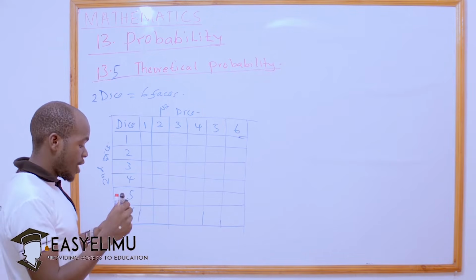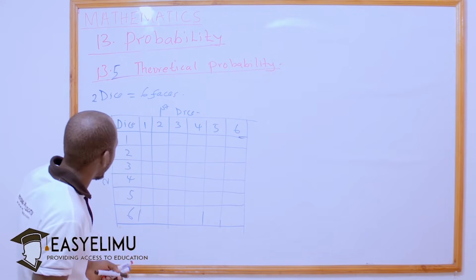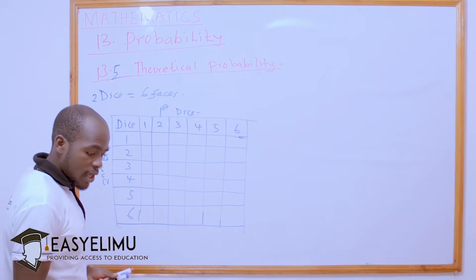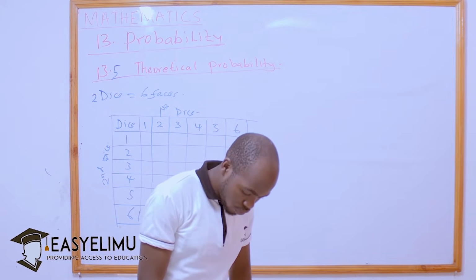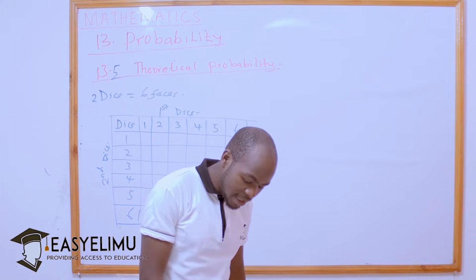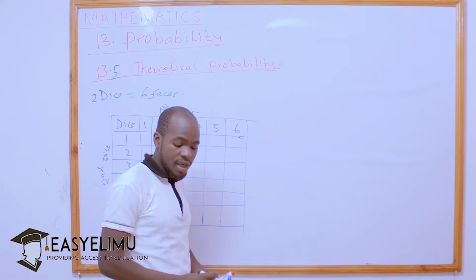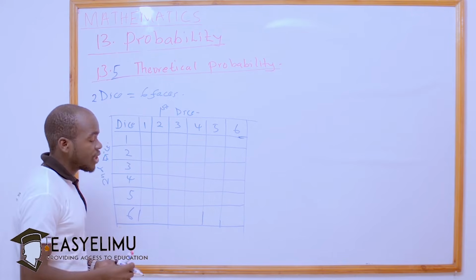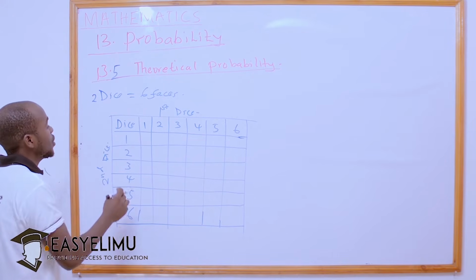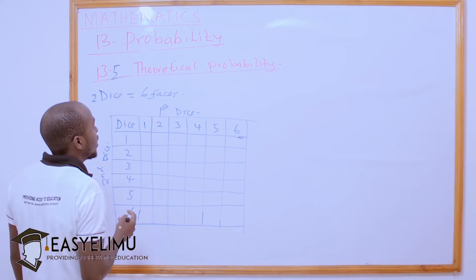We have been told it is a sum of 2 dice. What is the possibility that the sum of the numbers showing on their upper faces is 3? In this case, we shall do this. We want to find the sum.